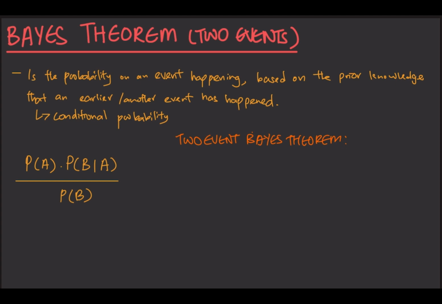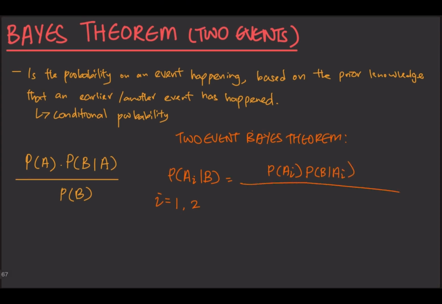Which uses the formula: the probability of Ai given that B happens, where i can be event 1 or event 2, equal to the probability of Ai multiplied by probability of B given Ai happens, divided by the probability of A1 multiplied by probability of B given A1 plus probability of A2 multiplied by probability of B given A2.